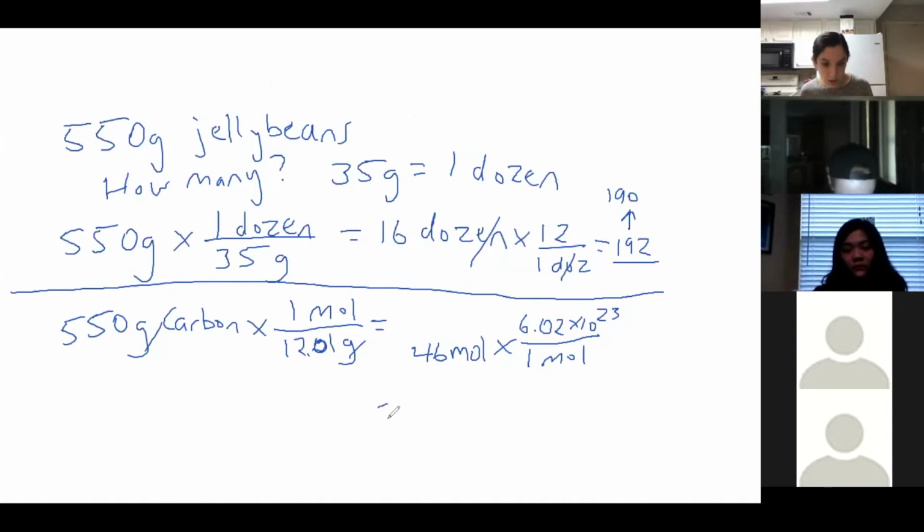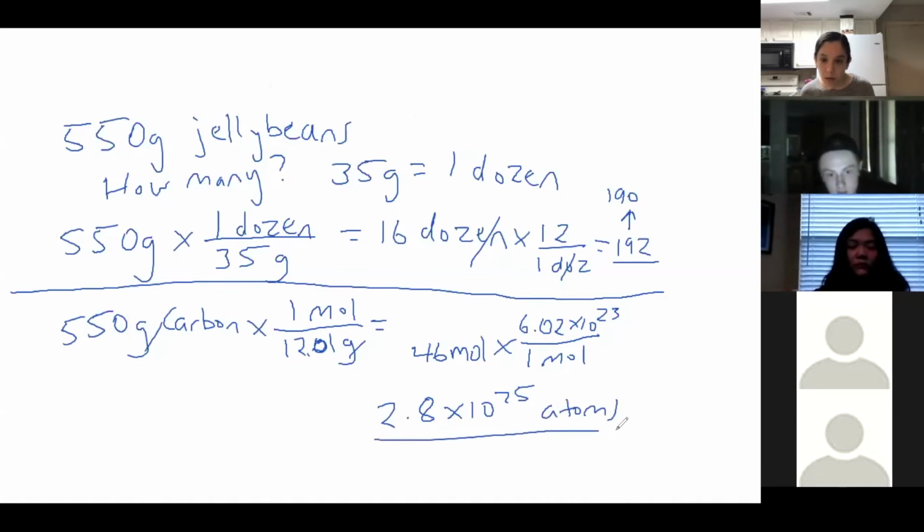So that would give us 2.8 times 10 to the 25th. So that's how many atoms you'd have in this sample of carbon.